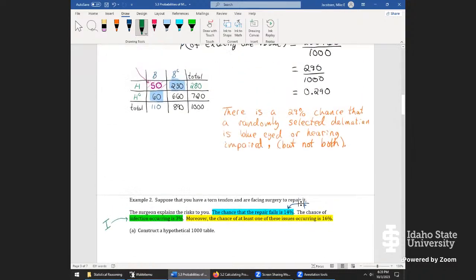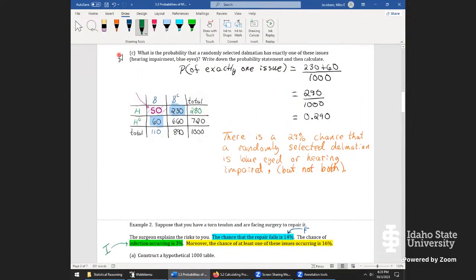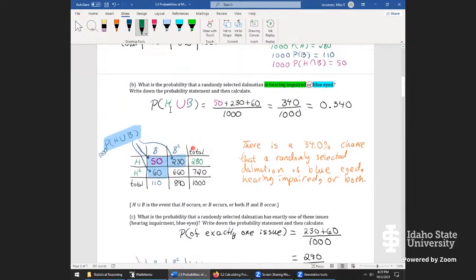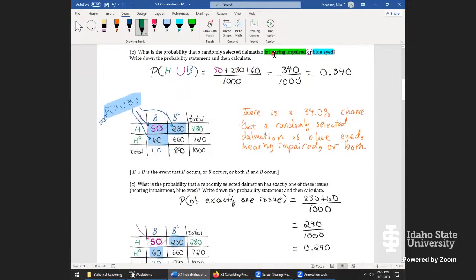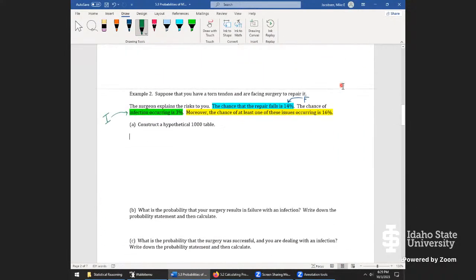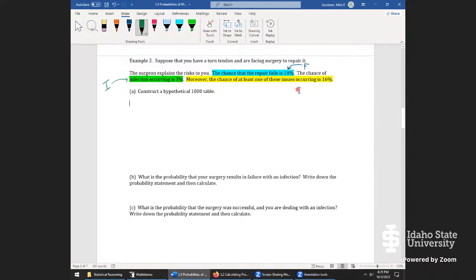Let's compare it to part C. We're talking about exactly one condition. It was almost an or statement. If we're saying at least one issue, that's like what we did over here. Hearing impaired or blue eyes or both, that's at least one issue altogether. So the way this was written out, they're hiding an or statement somewhere inside this.